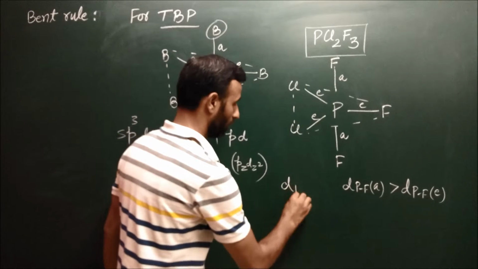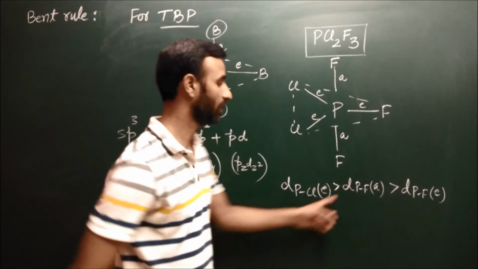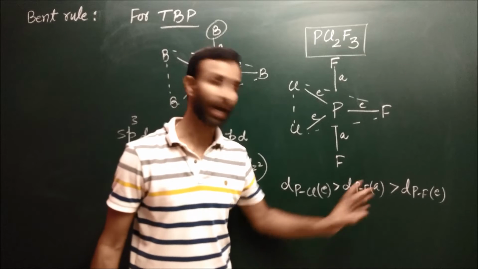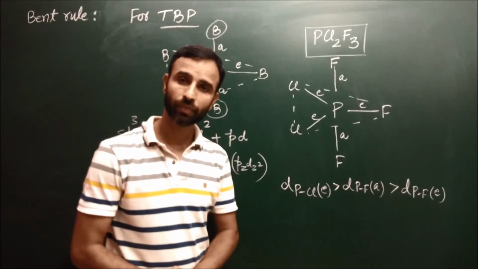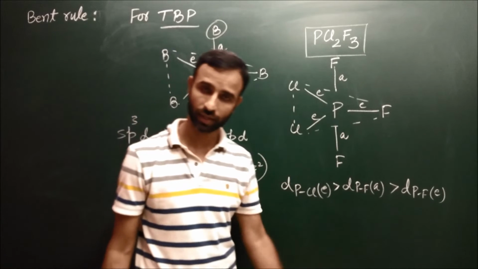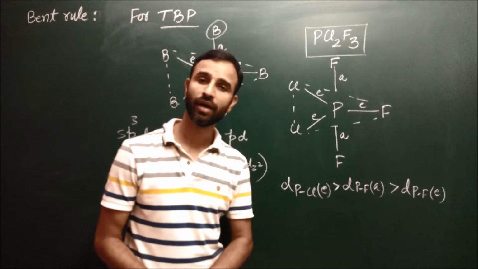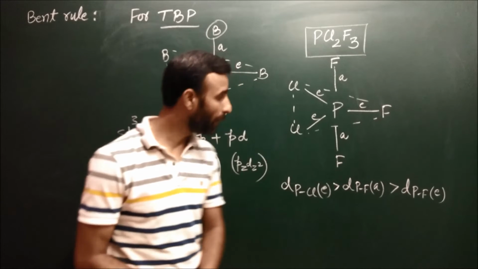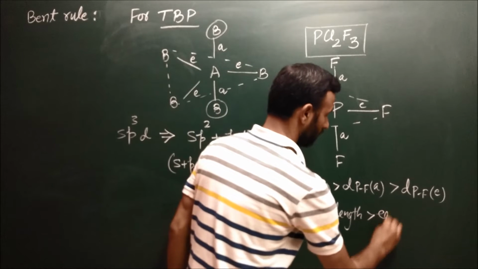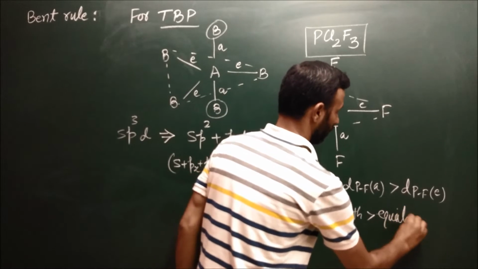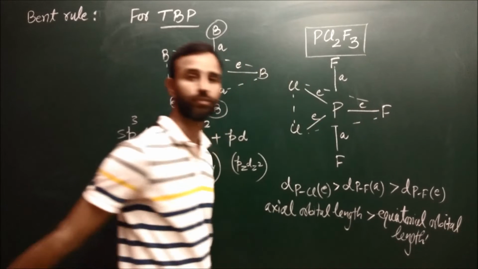So d(P-Cl) equatorial is larger than even d(P-F) axial. That means if atoms are different, maybe the equatorial bond is larger than the axial bond, but the axial orbital length is always greater than the equatorial orbital length.